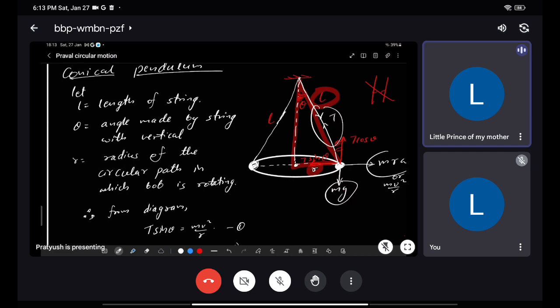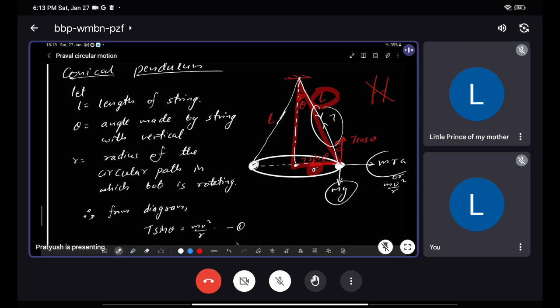Okay, exactly what is conical pendulum, sir? Conical pendulum is nothing but just a pendulum tied with a string, and that pendulum, instead of oscillations, what is it doing? It is performing circular motion.